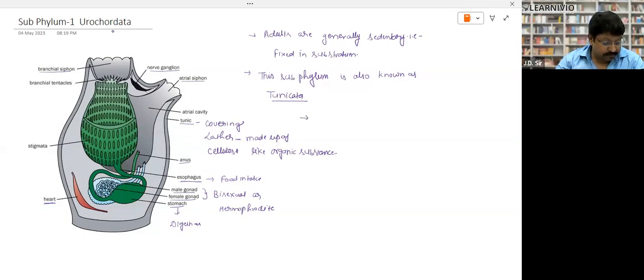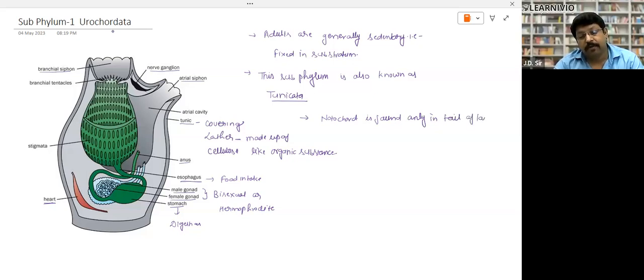So we can say that notochord is found only in the tail of the larva.